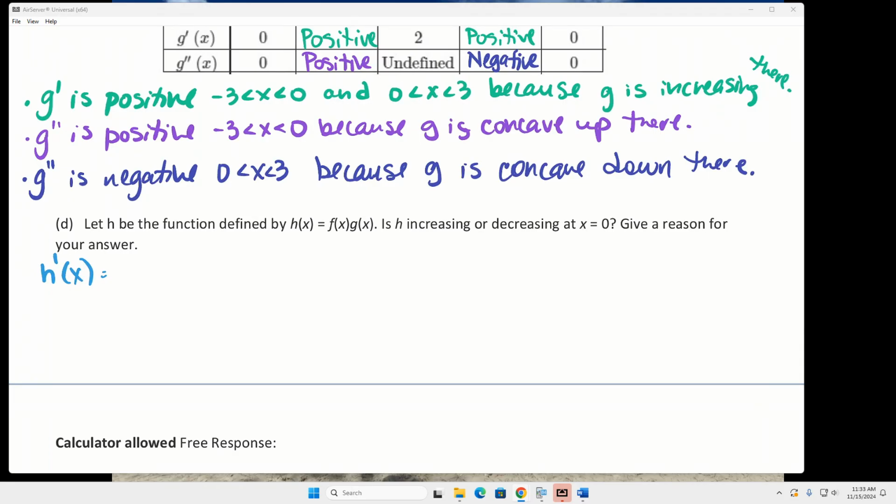So we're going to do the product rule, where we're going to leave f alone, multiply by the derivative of g, plus leave g alone, and multiply by the derivative of f. Alright, and then we would want to go back and put 0 in for all of our x's.